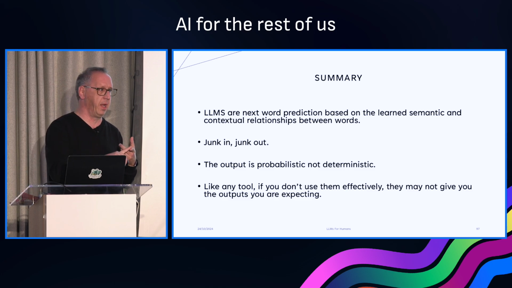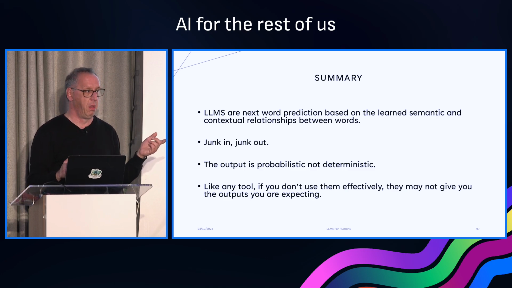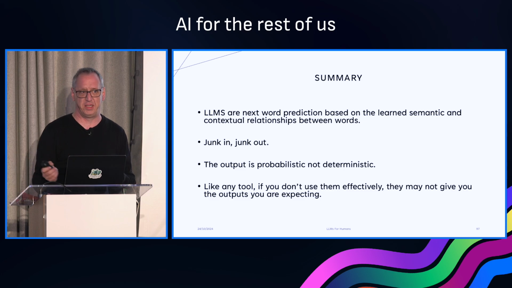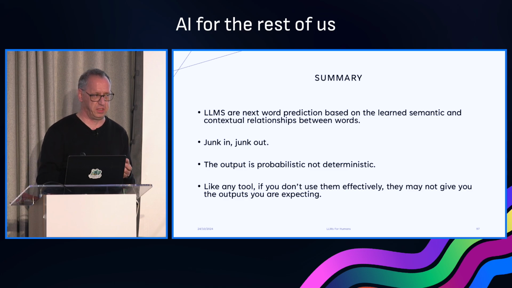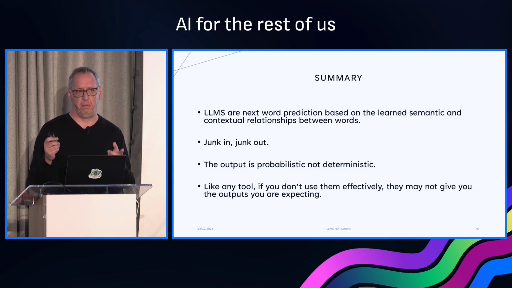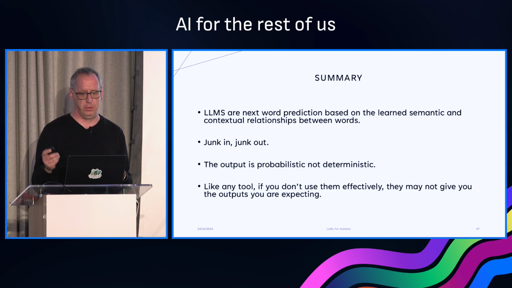Getting the data right, getting good data into the models and into the training process is so super important to make sure that when you are querying the models, the responses that are coming back are based on good, clean, and correct data and not just a load of internet. Okay. The output is probabilistic, it's not deterministic, and therefore we have to consider this as a tool and not as a solution and work alongside it to get the outputs that we want for our solutions.